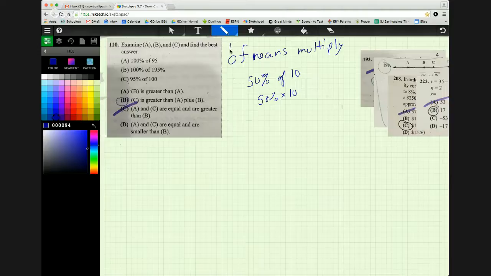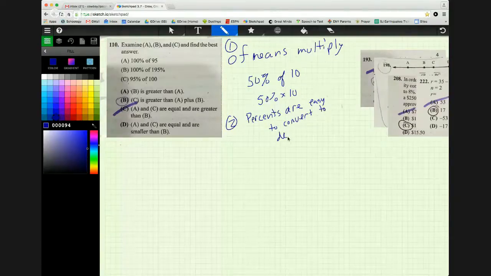So that's point number one. Point number two is that percents are easy to convert to decimals.